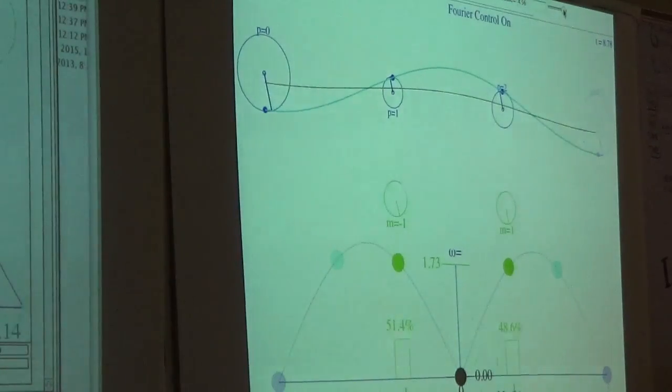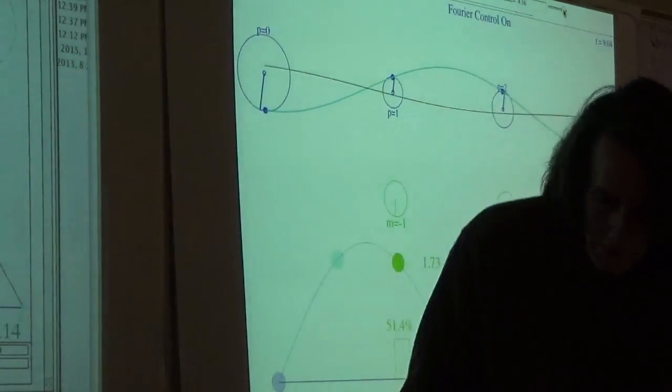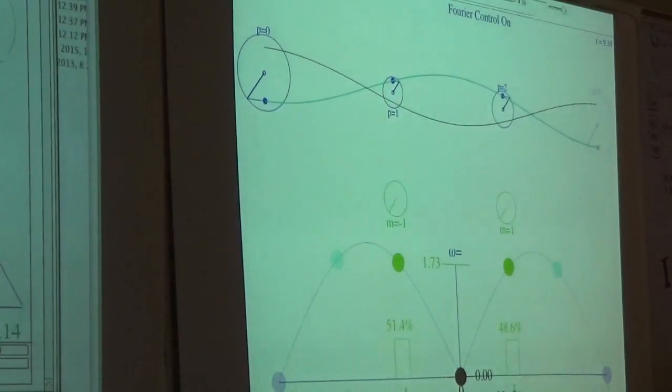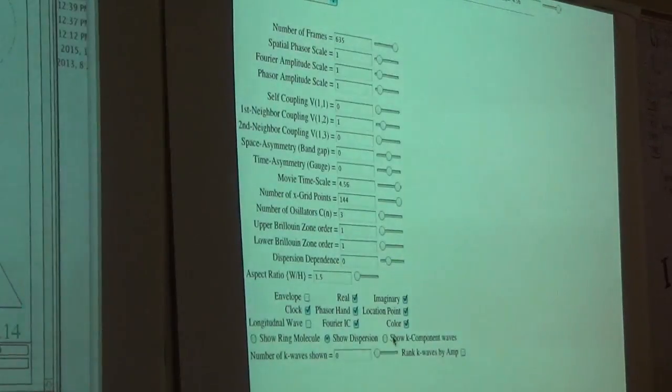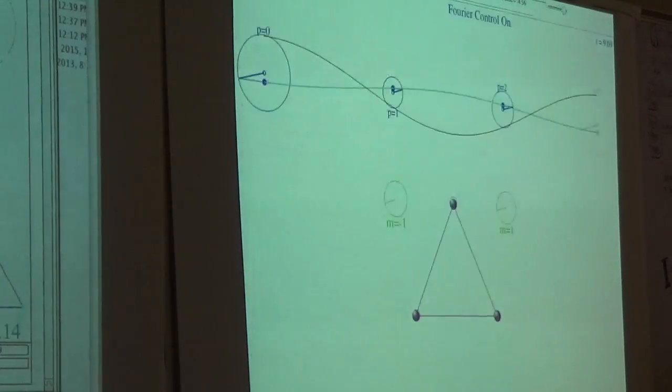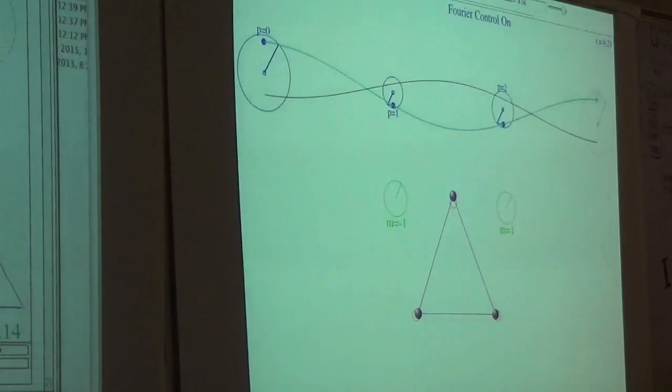You might go ahead and do that if you can, TC. That way we'll make a connection with when we actually are doing some molecules. It would be show the ring molecule. Yeah, see if it'll go. There you go. Okay.